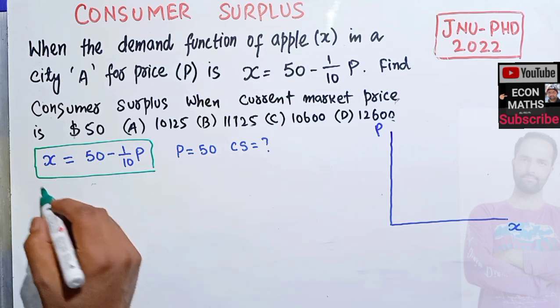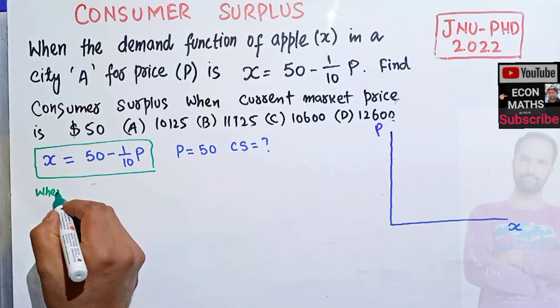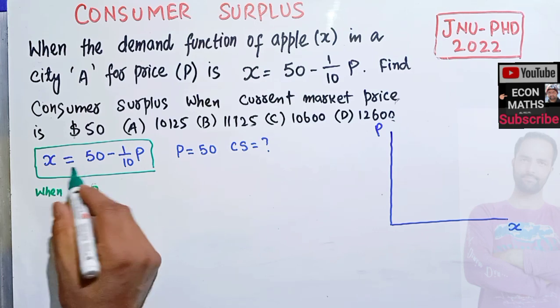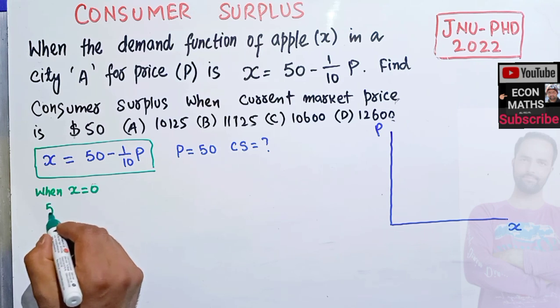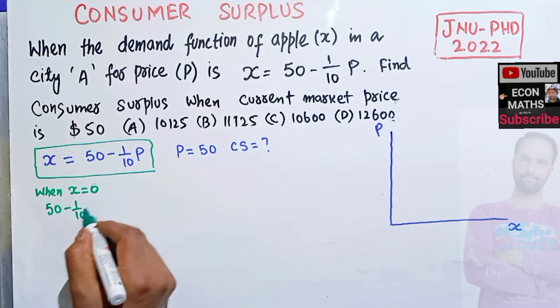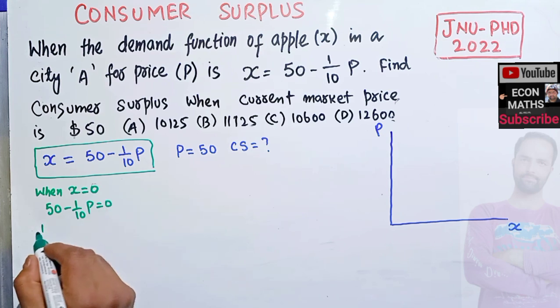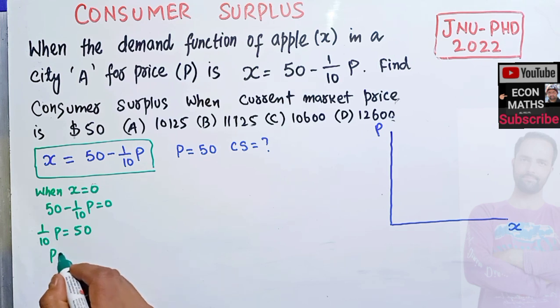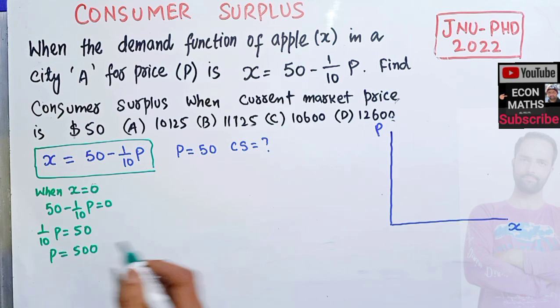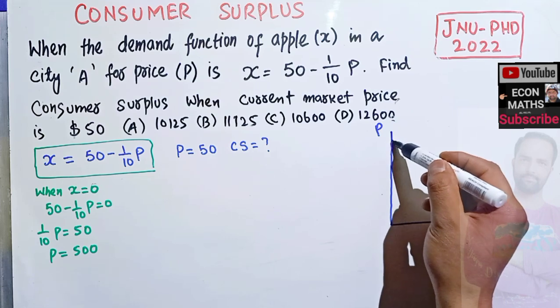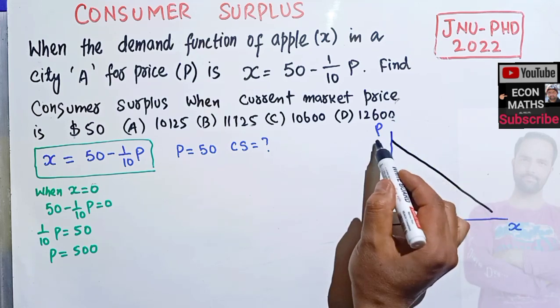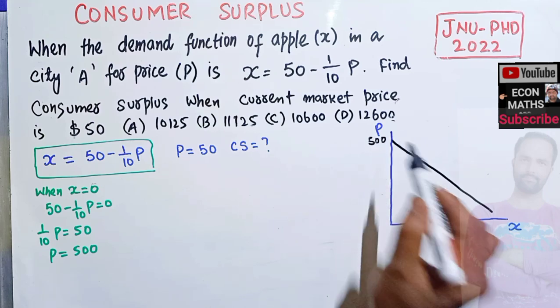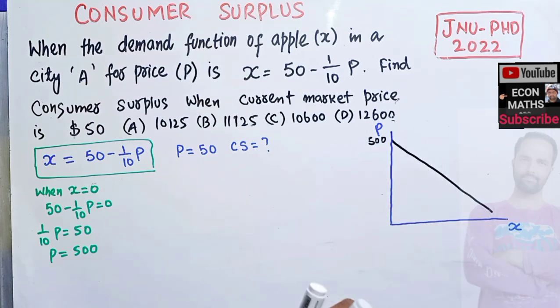When x is equal to 0 in this demand function, that gives us 50 minus 1/10 P is equal to 0, which gives us 1/10 P is equal to 50, or price is equal to 500. So we got the price intercept. We actually need only one intercept here, the price intercept, which is 500. This is our downward sloping demand function.